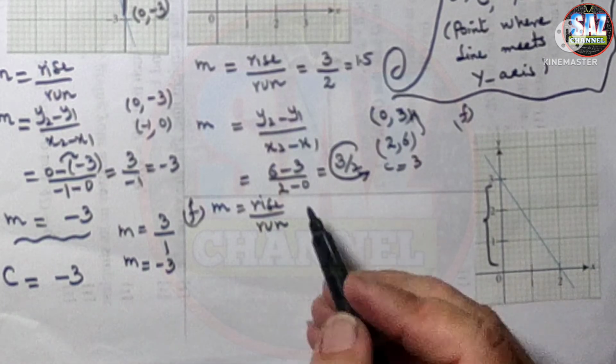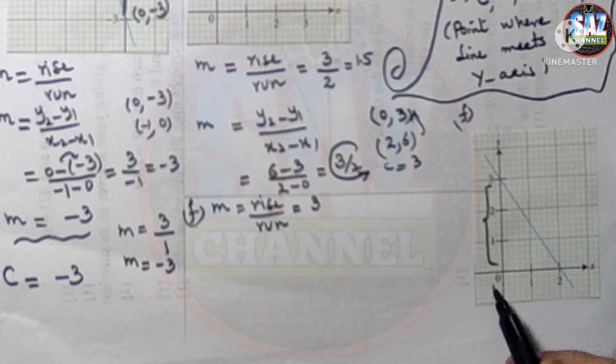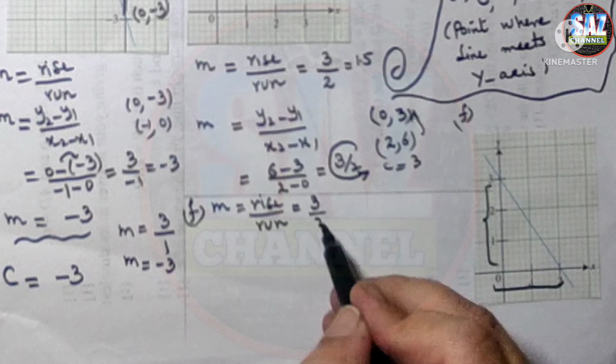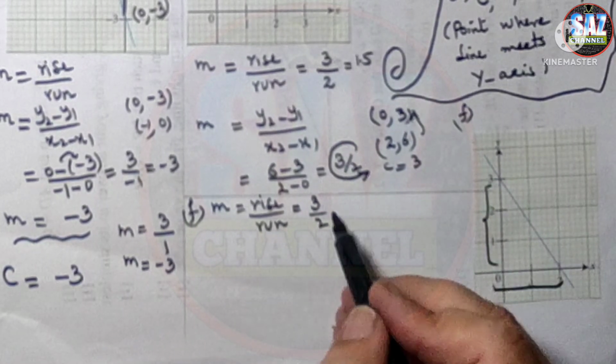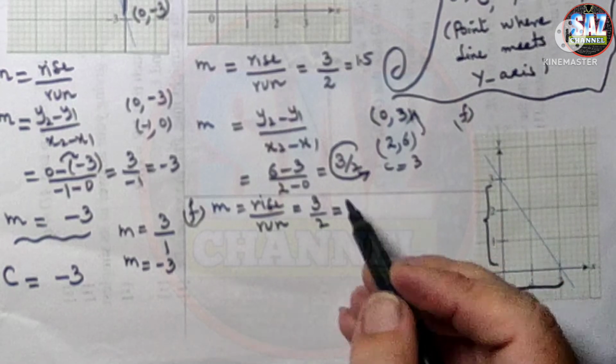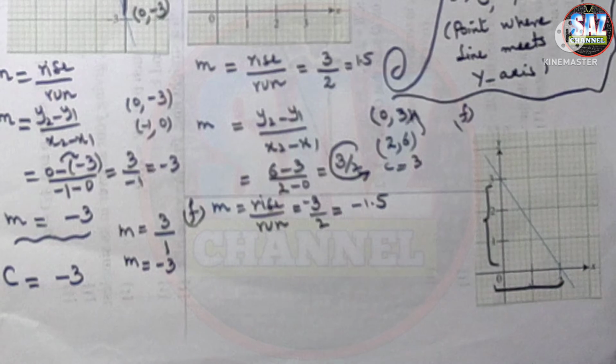We have 3 blocks. And on the run side, how many blocks are there? There are 2, and the line is having the falling trend. The line is in the second and fourth quadrant, so the gradient will be negative, minus 1.5.